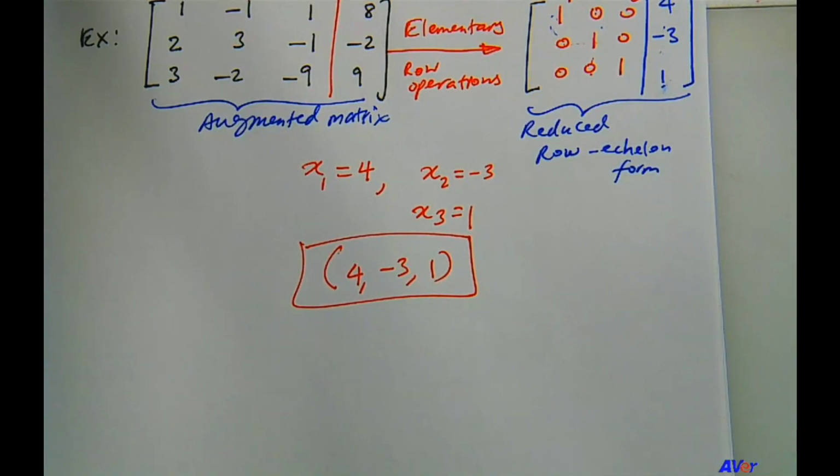If the question leaves it open, if it says solve this system and it doesn't specify what method to use, then you'll use the method that you're most comfortable with. But if a question says solve the system using the Gauss-Jordan method, then you have to use this. Or if the question says use the elementary row operations, which is the same thing, Gauss-Jordan, to solve the system, then you'll have to use this.